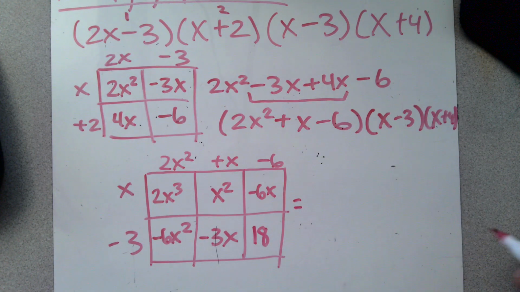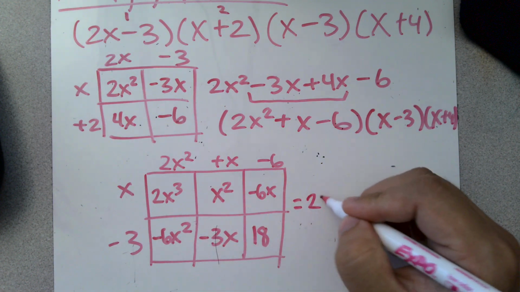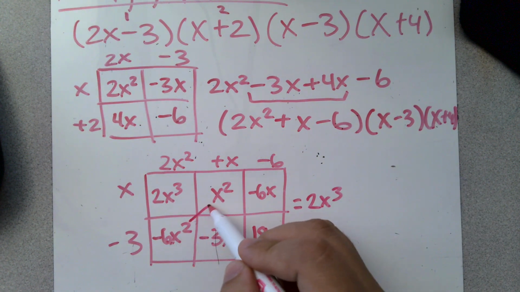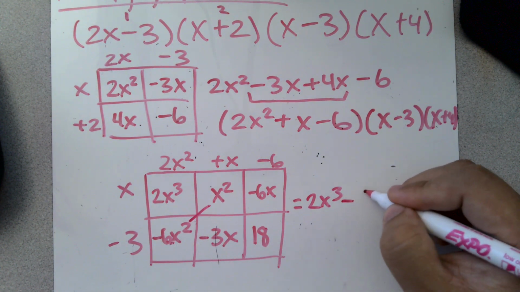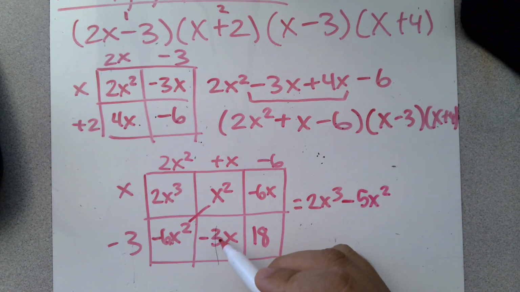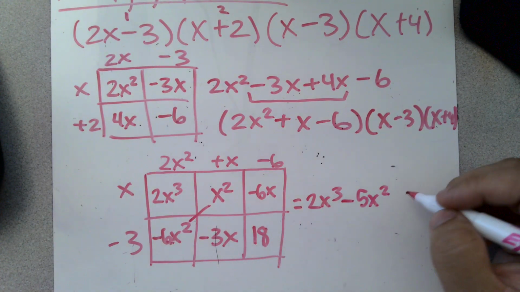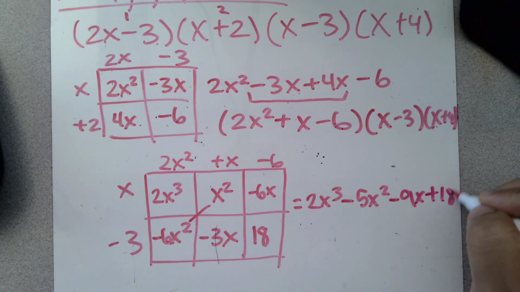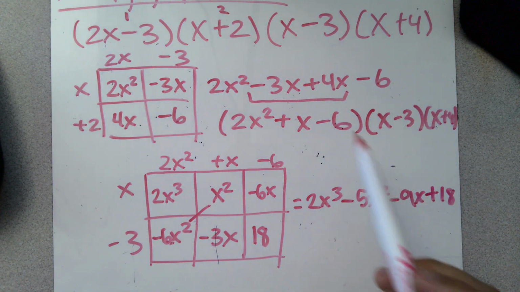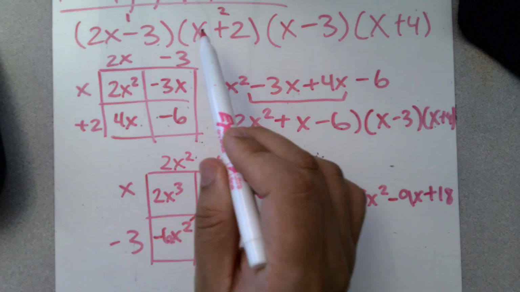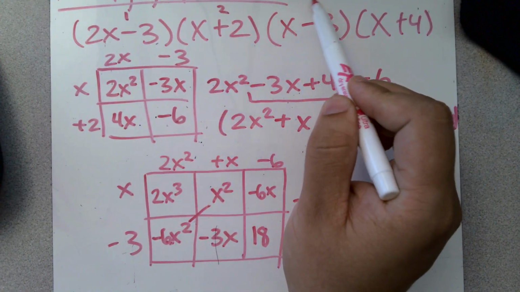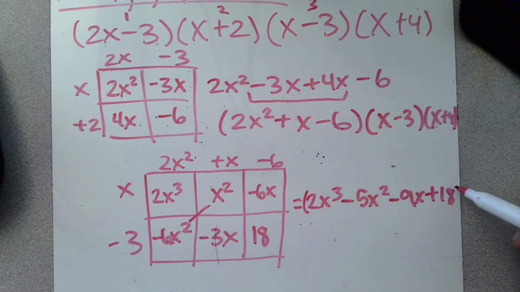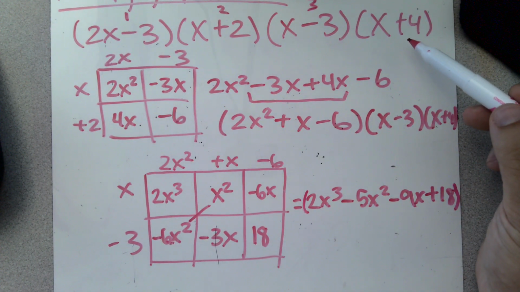So this becomes 2x cubed, negative 6x squared plus x squared is negative 5x squared, negative 3x minus 6x is negative 9x, plus 18. So far, I've multiplied 1, 2, 3 things together. And I have this. Well, I still haven't done anything with the x + 4.